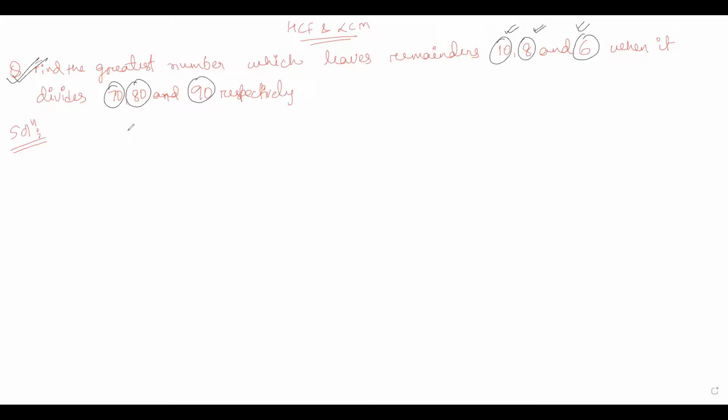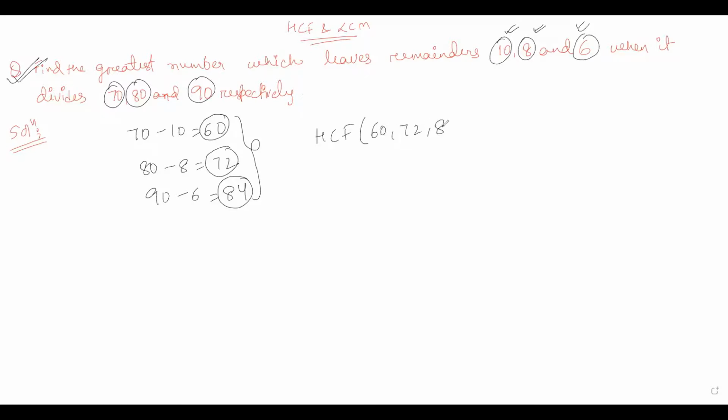So can we say one thing, that 70 minus 10, which is 60, 80 minus 8, which is 72, and 90 minus 6, which is 84, are all completely divisible by that number. So now we need to simply find the greatest number which is dividing 60, 72, and 84. So indirectly they are simply asking us to find the HCF of 60, 72, and 84.